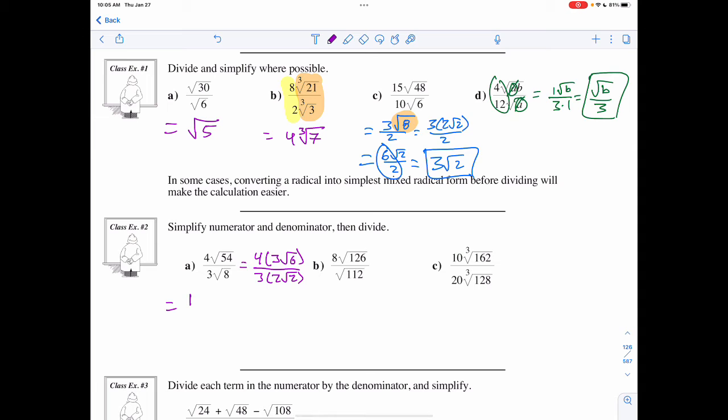That's the same as 12 root 6 over 6 root 2, and lo and behold, these divide out evenly, and these divide out evenly. So 12 divided by 6 is 2, root 6 divided by root 2 is going to give me root 3. And there's my final answer.